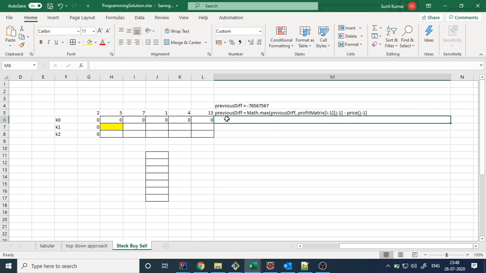Now, how will you identify the profit matrix of i j?